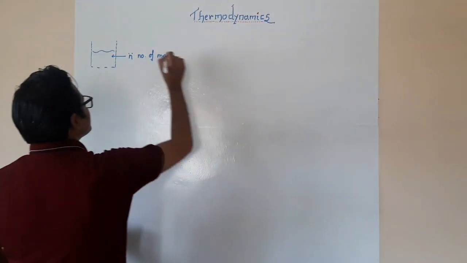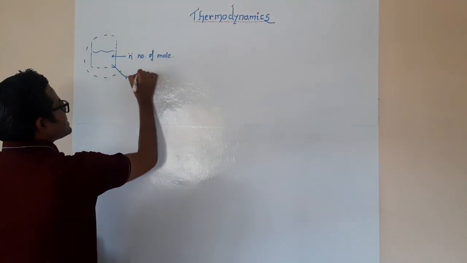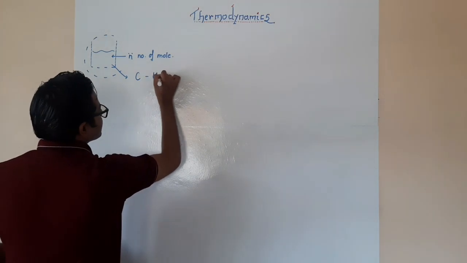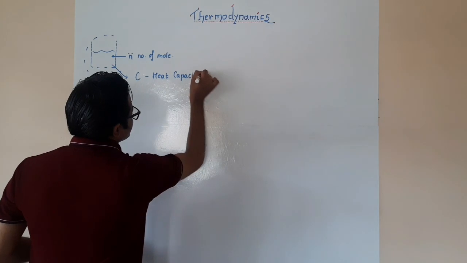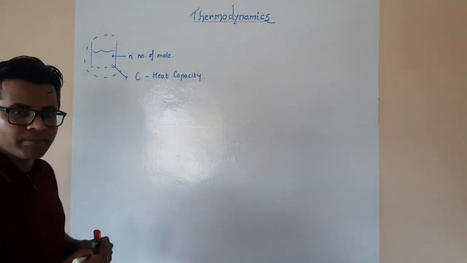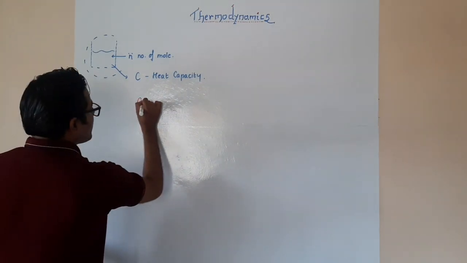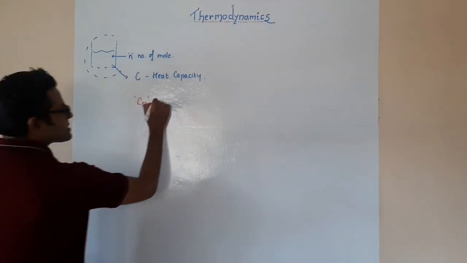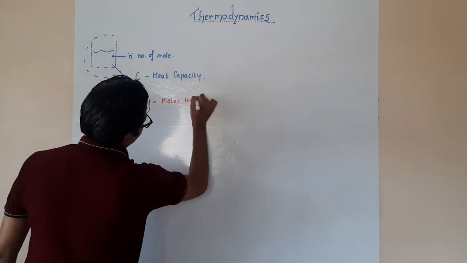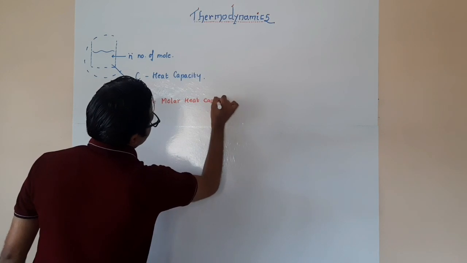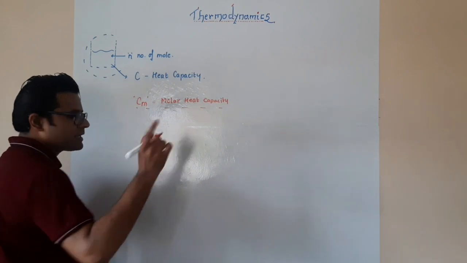For this system, C is the heat capacity, and if I need to find the molar heat capacity, the relationship between these two can be given as follows.